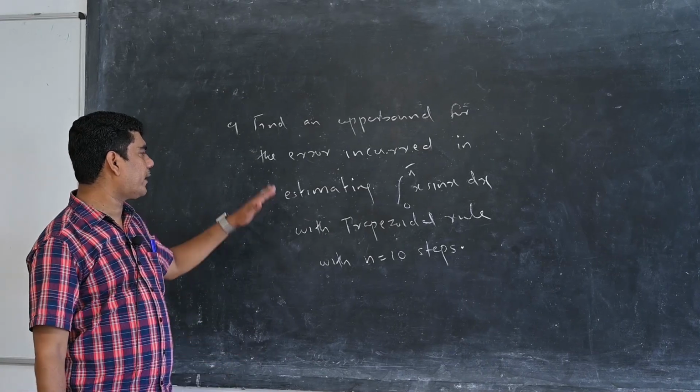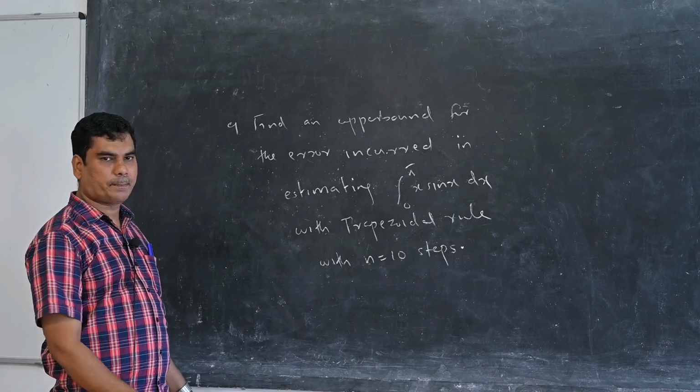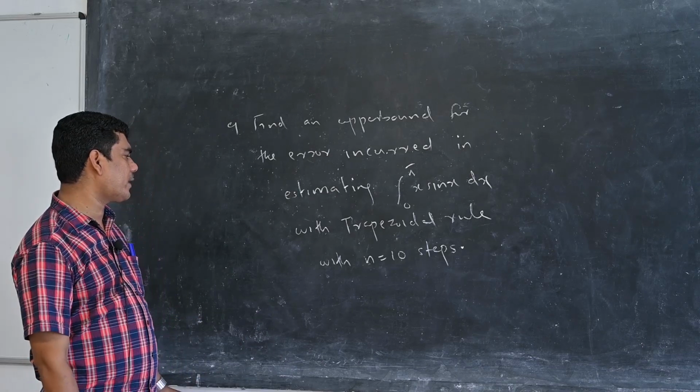Find an upper bound for error incurred in estimating integral 0 to pi x sin x dx with the trapezoidal rule with n equal to 10 steps.